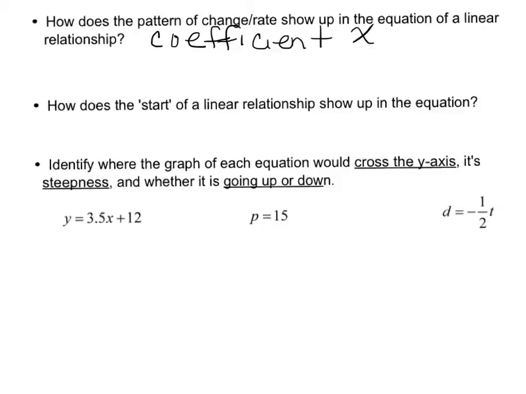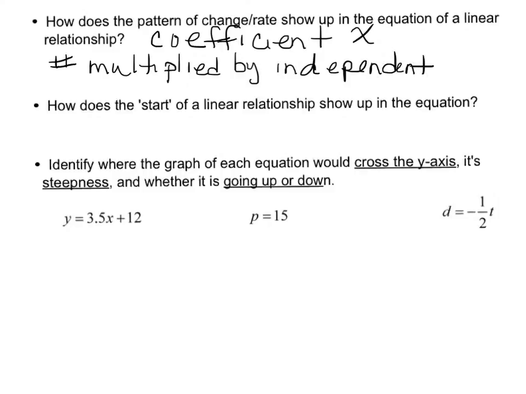So the rate is the coefficient of x, or we've talked about it as the number that's being multiplied. That's what coefficient means, the number being multiplied by x, or the independent variable.